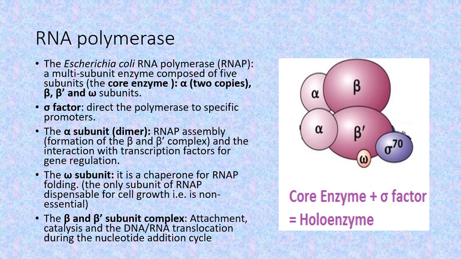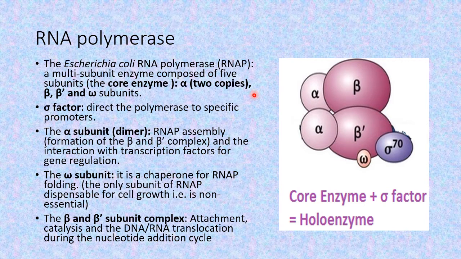The enzyme involved in the formation of RNA from the DNA is RNA polymerase. So it is the key enzyme, and before proceeding forward, let us understand its basic structure and the functions of these units that together form this holoenzyme, that is RNA polymerase.